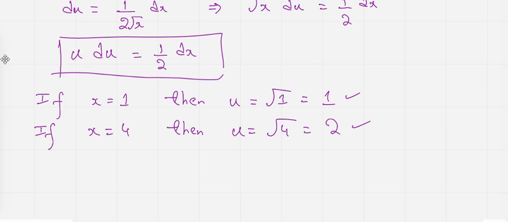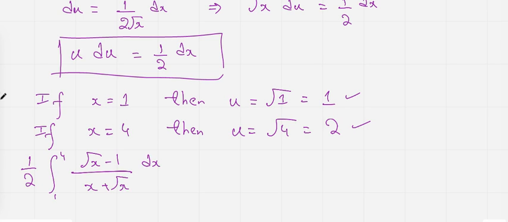So in this way, my actual integrand is this, and I'm going to now change it with respect to my u form. If my x is 1, my u is also 1.